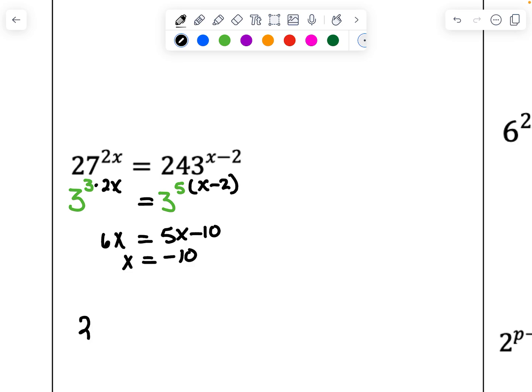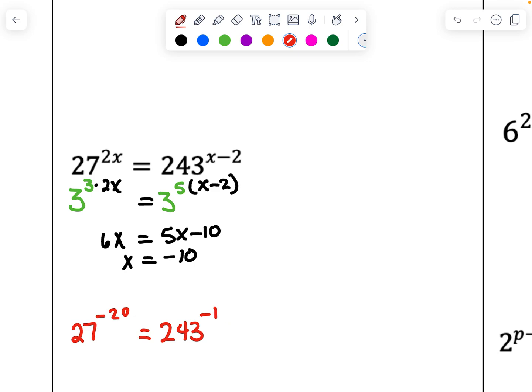I was checking 27 to the negative 20 and 243 to the negative 12. Haha, I see my mistake.